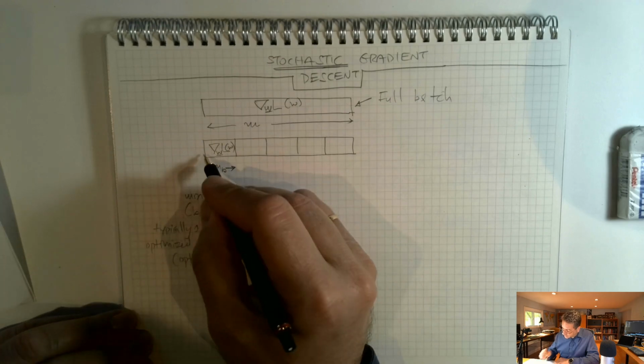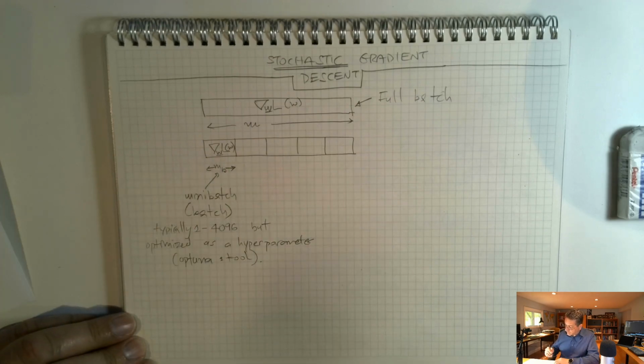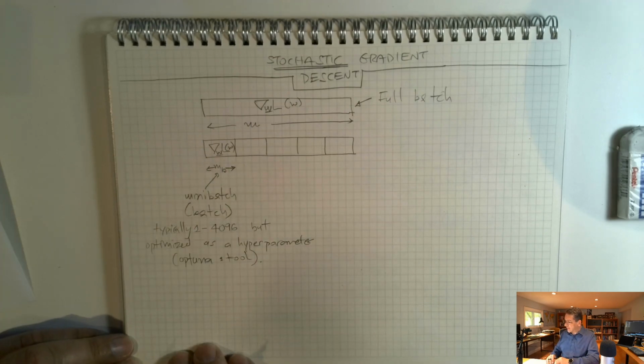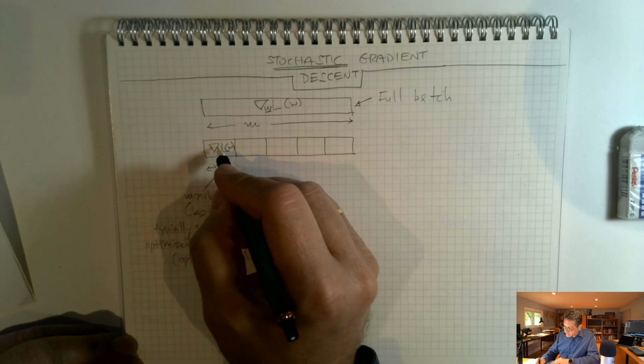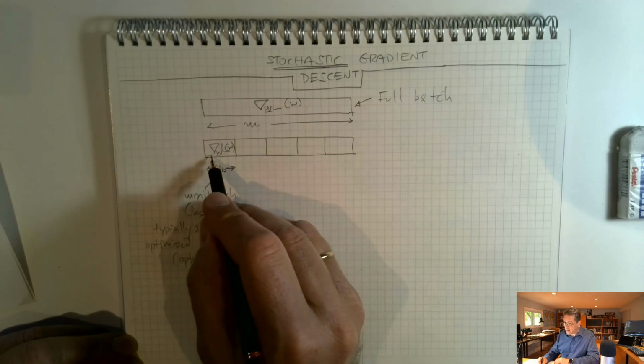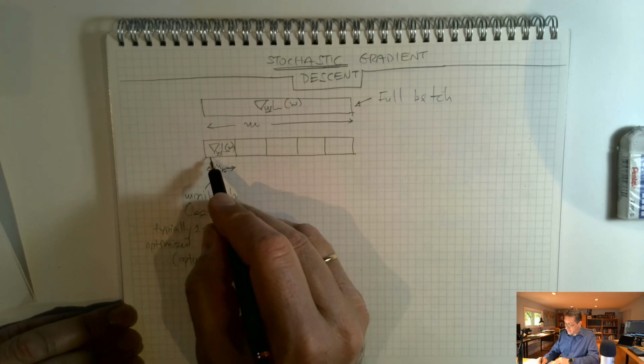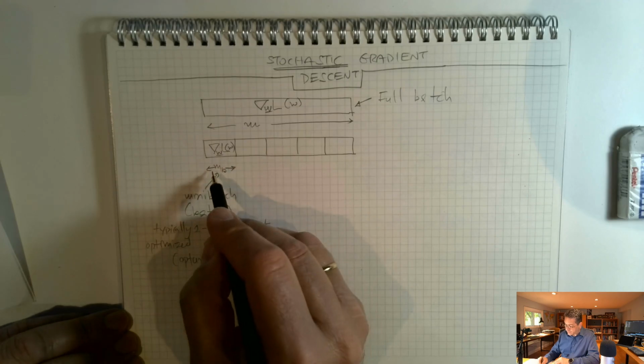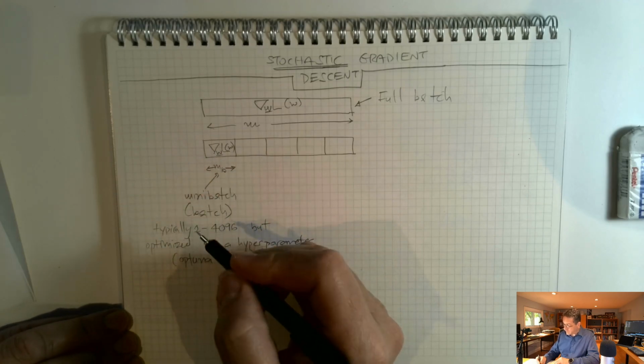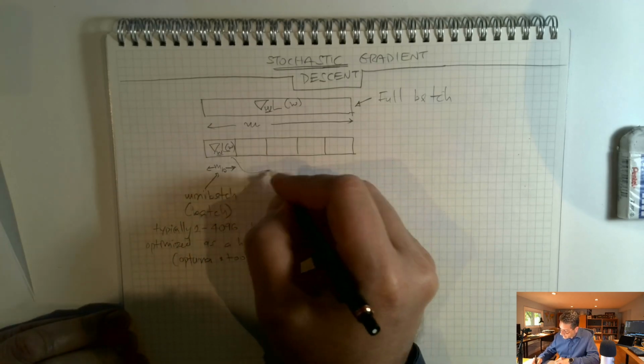In order to make sure that we do not have anything systemic going on in our data, what we typically do is sample which examples we are going to select at every moment in time to form our mini batch. So let me write this down.